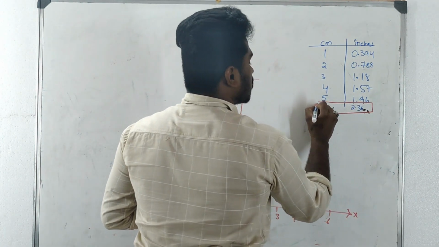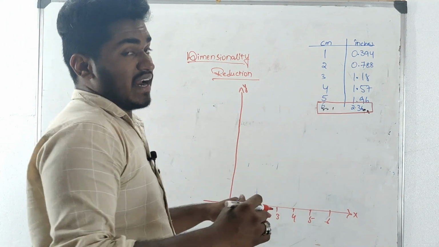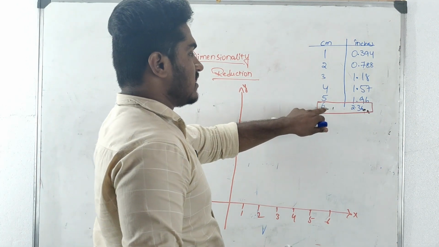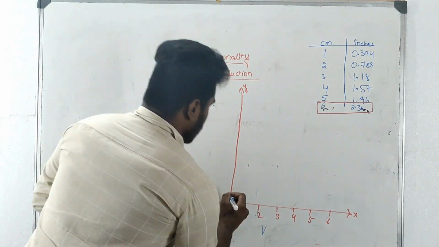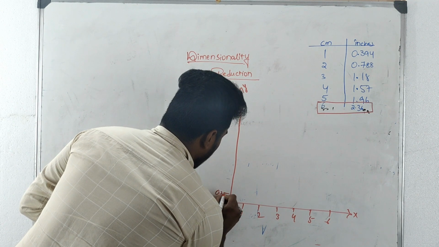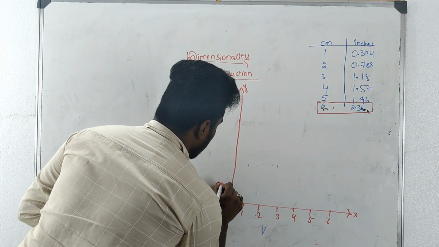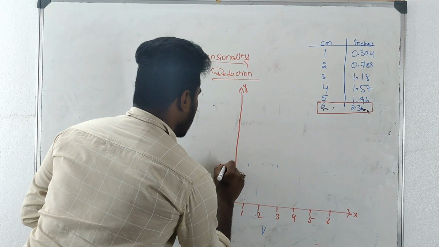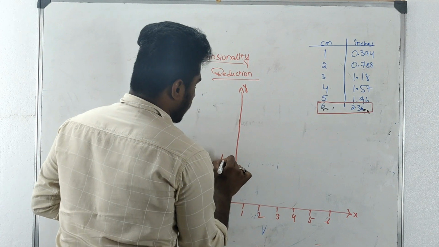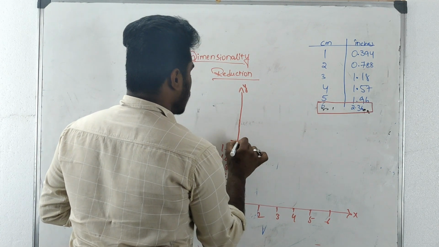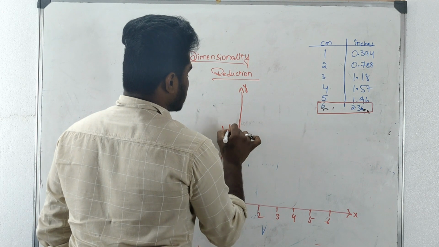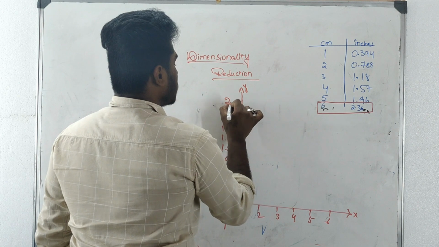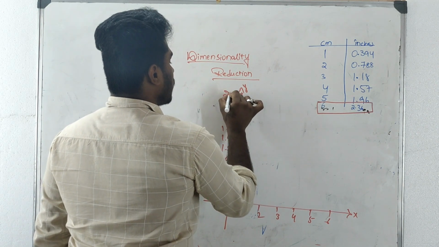The value for 6 I'm going to predict from the reduced data set. On the y-axis I'm going to take 0.2, 0.4, 0.6, 0.8, 1.0, 1.2, 1.4, 1.6, 1.8, 2.0, 2.2 and 2.4.